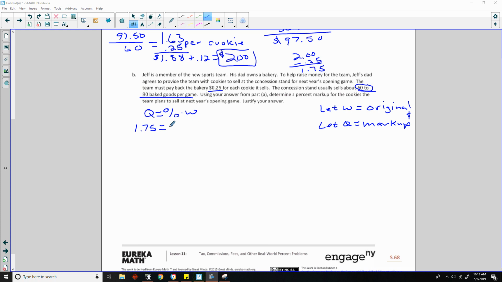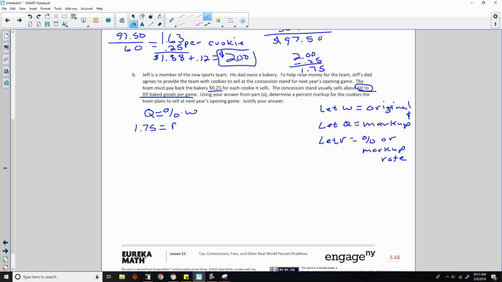And instead of using a percent symbol, I'm going to use R. So I'm going to let R equal the percent, or how about the markup rate? Okay, that's the rate at which we're going to mark it up.